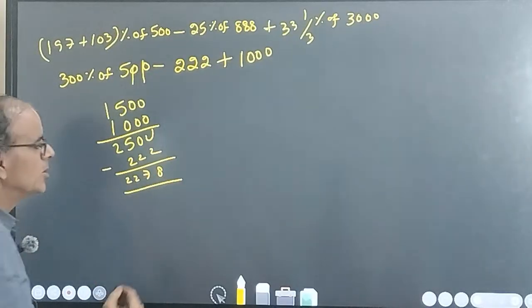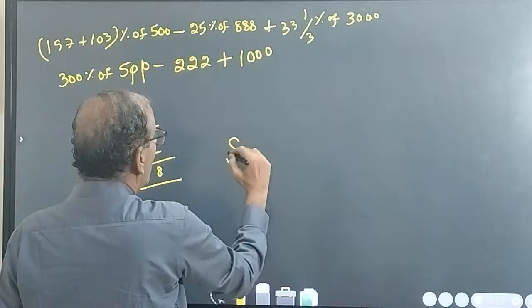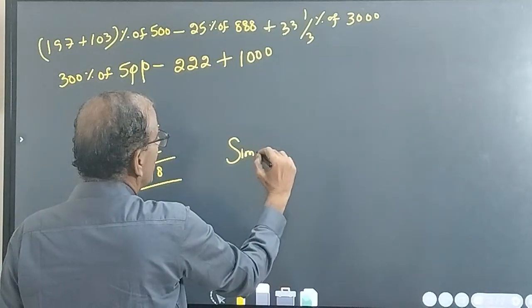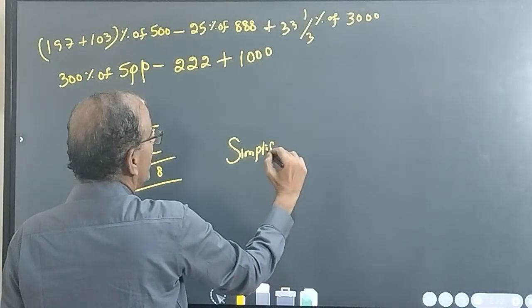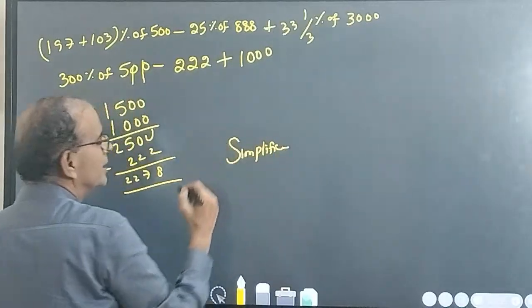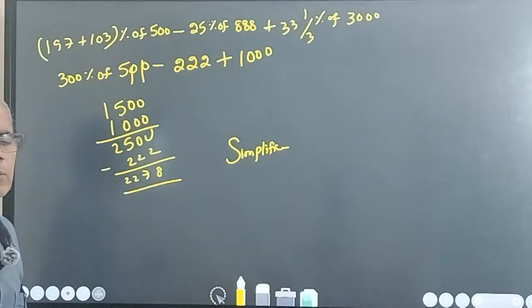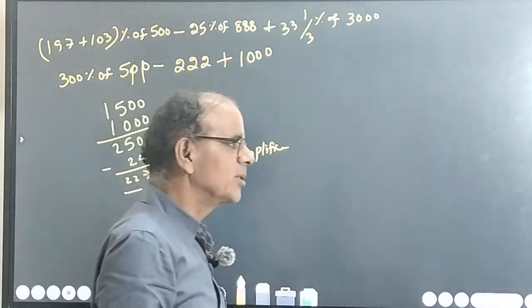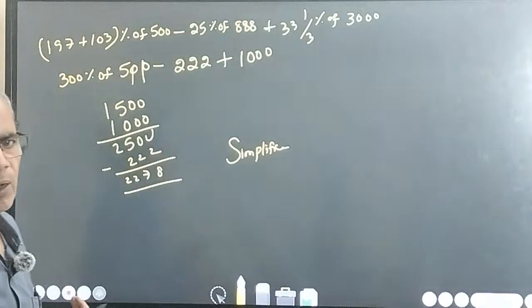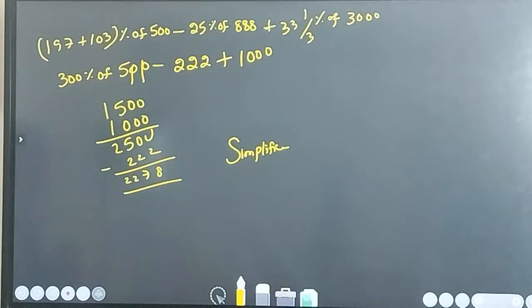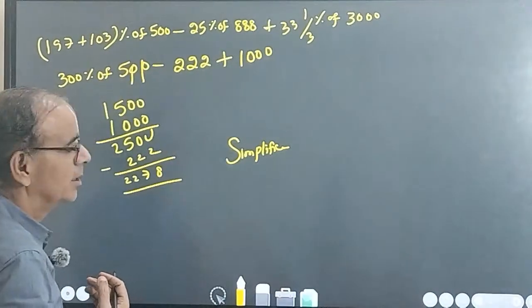This type of question comes under simplification. These percentage applications, mixed percentages, equivalent fractions are applicable in data interpretation, simple interest, compound interest, profit and loss. Everywhere it is percentage, profit and loss, all questions.